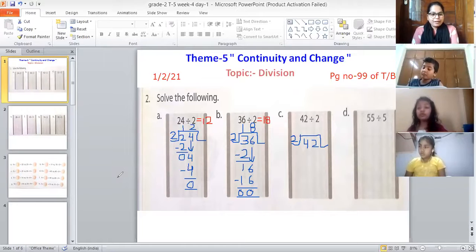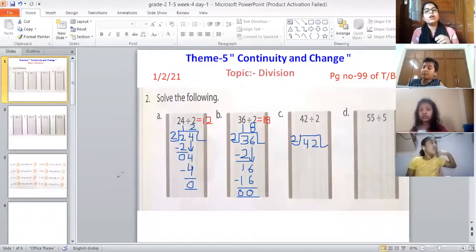We always compare the first digit with the number which is outside, right? The outside number is 2 and the first digit is 4, and 4 is greater than 2. So we will take only one digit here, right?